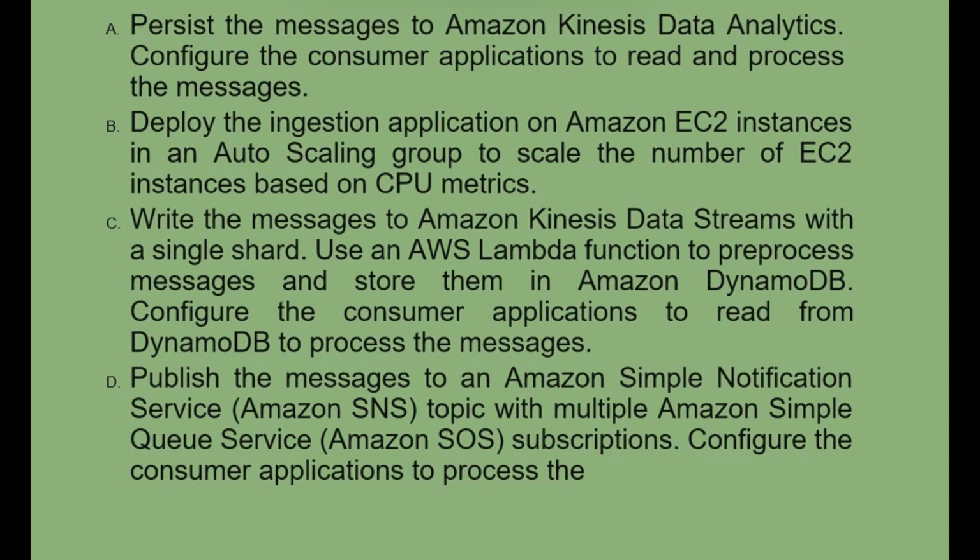Option C. Write the messages to Amazon Kinesis data streams with a single shard. Use an AWS Lambda function to pre-process messages and store them in Amazon DynamoDB. Configure the consumer applications to read from DynamoDB to process the messages.